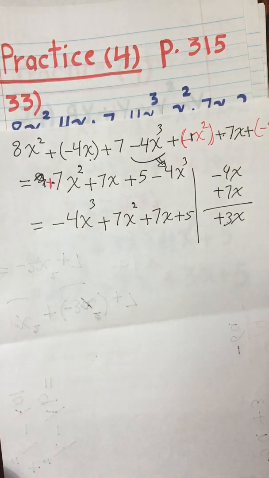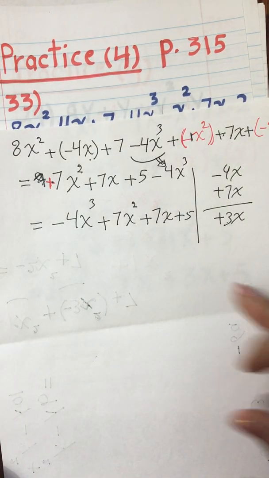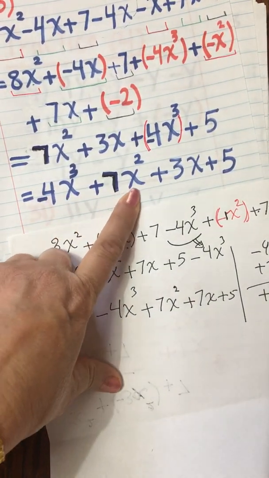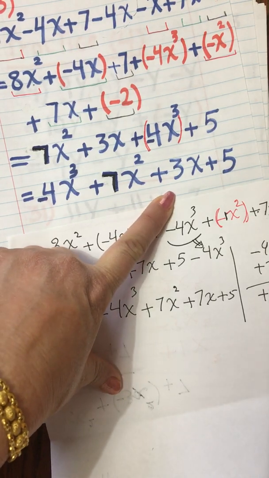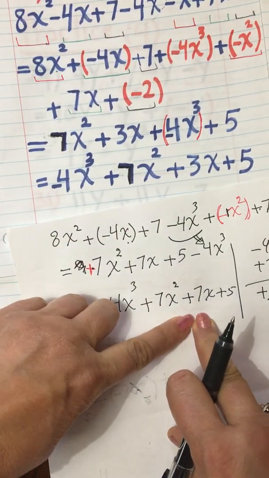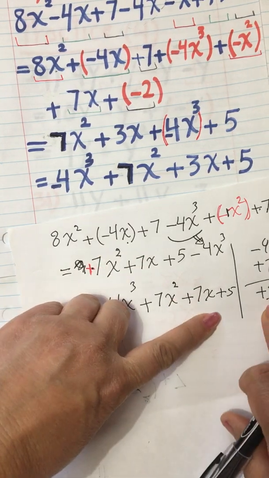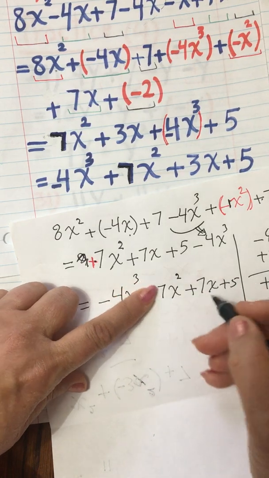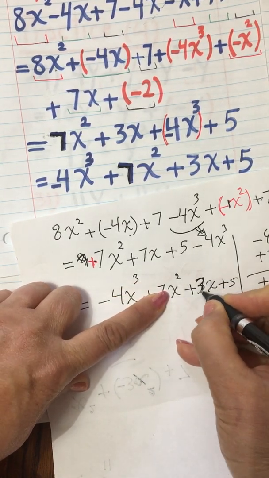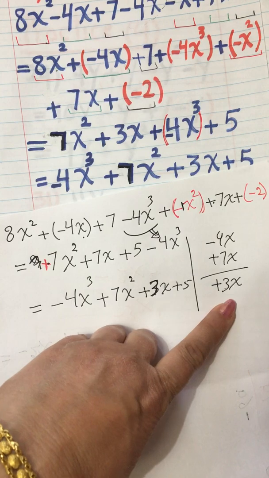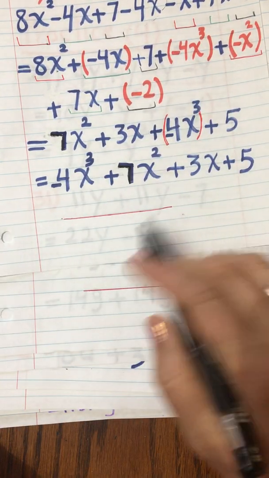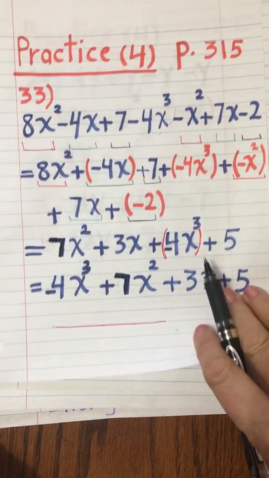So this is going to be the answer for question 33. So it's minus 4x cubed plus 7x squared plus 3x, right? It's 3x. Sorry, it's a 3x. It's a typo. So right here should be 3x. Sorry. The answer is right here, 3x plus 5. So this is going to be the final answer.